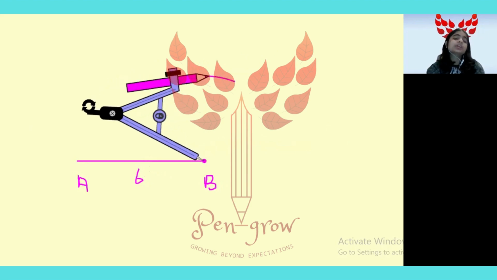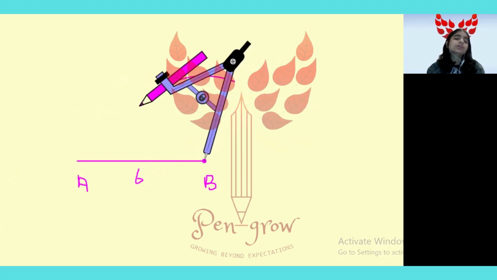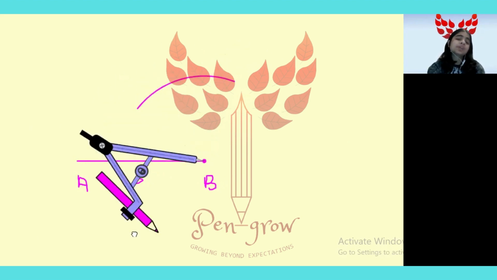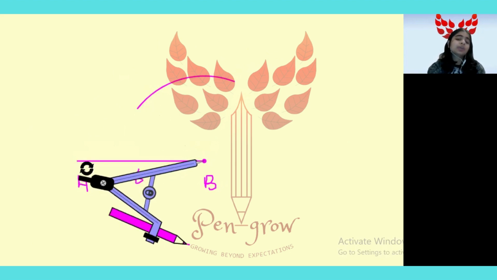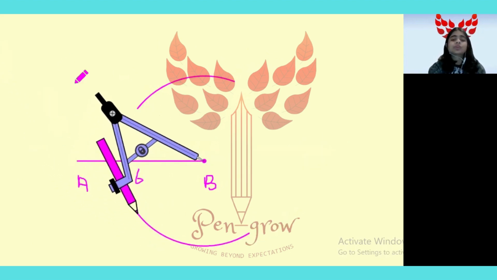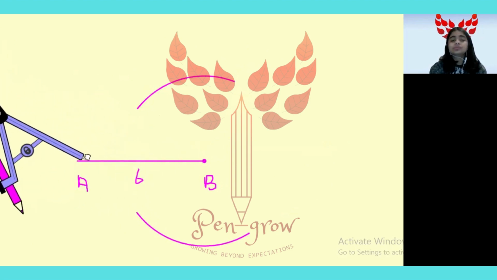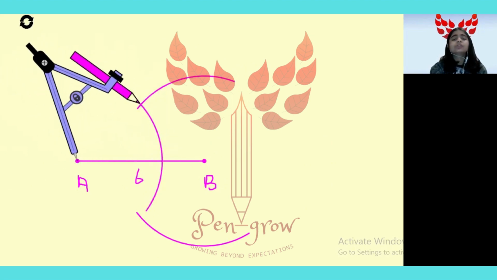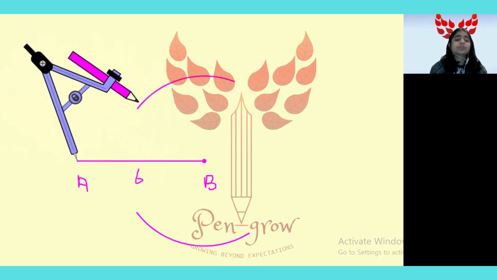And you make an arc here. Again, you can make as big arcs as you want. And you make one arc at the bottom. Right? You make an arc here. Sorry, wait.